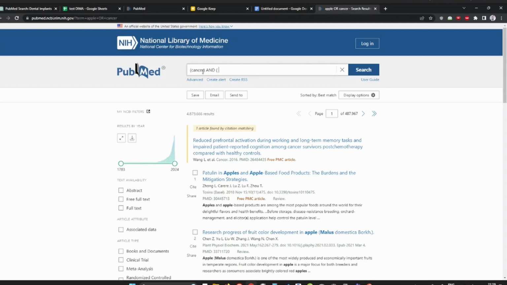And now we go into our intervention, which will be apple, or maybe apple juice, or any different kind of intervention which we can take out from our research question.